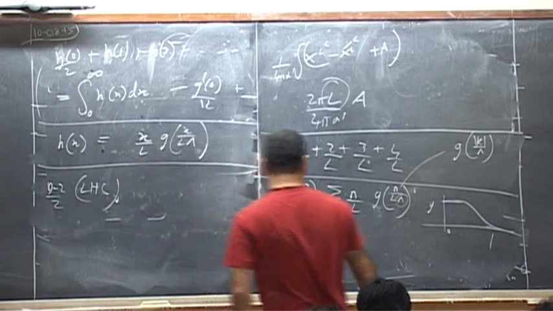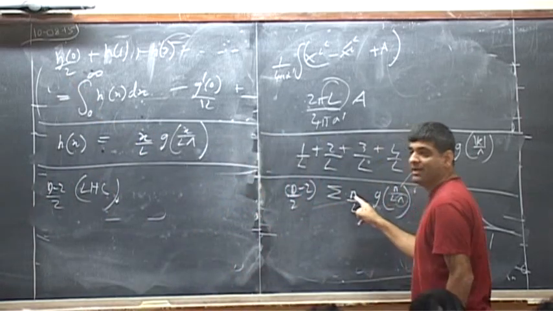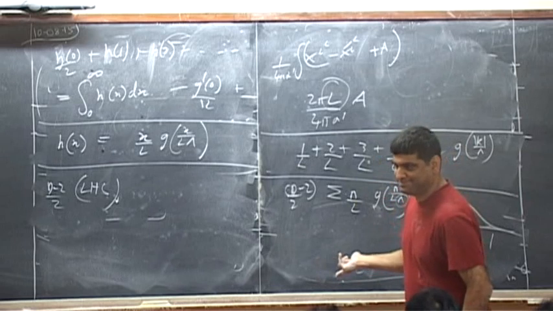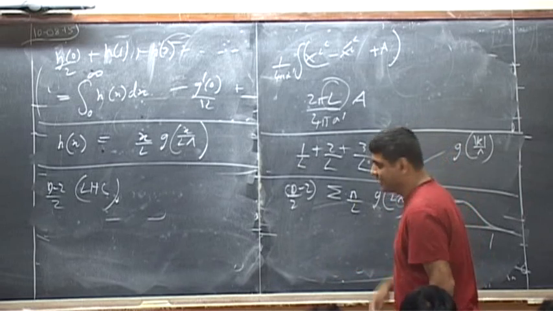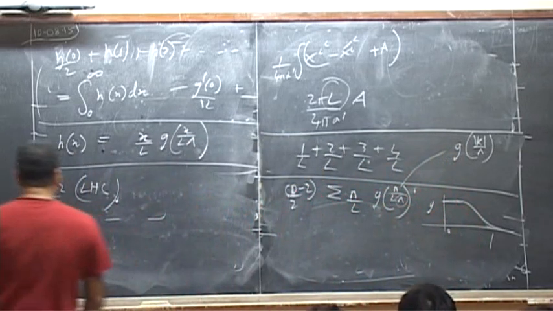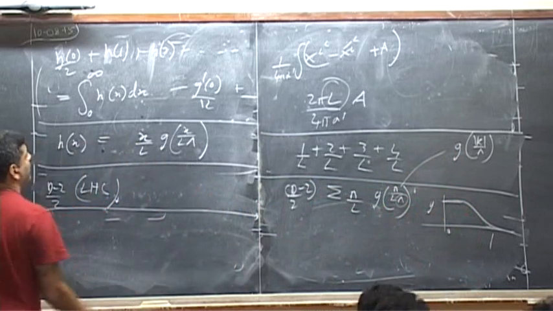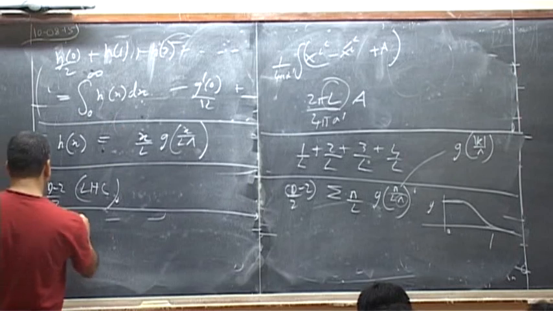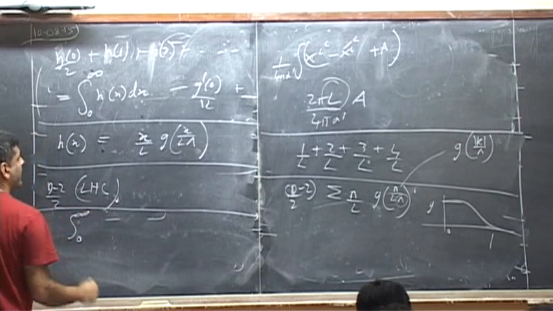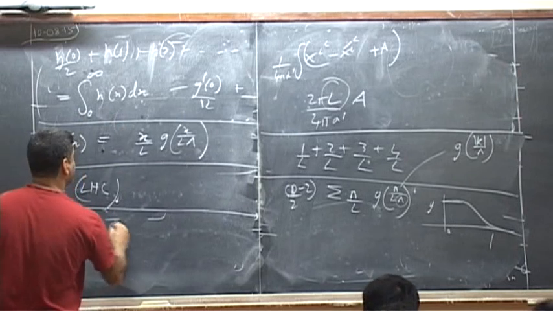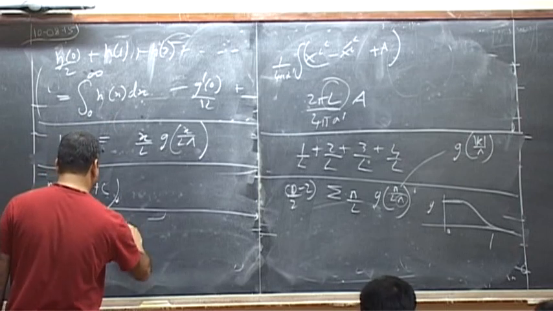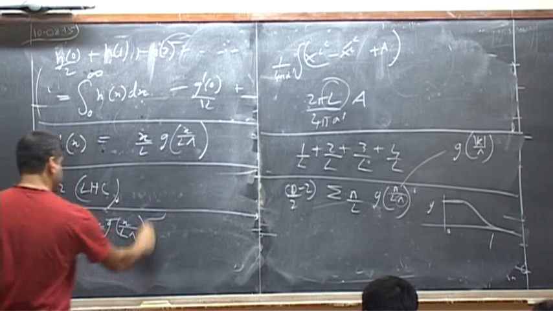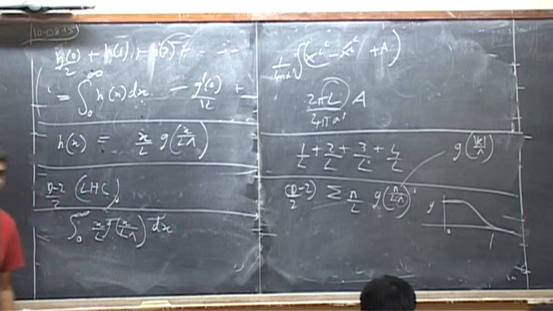We didn't have this half here. But that's fine because our h of 0 is 0. So now we're going to evaluate the LHS by evaluating the RHS. The RHS is the integral from 0 to infinity of x by L g of x by L lambda dx.